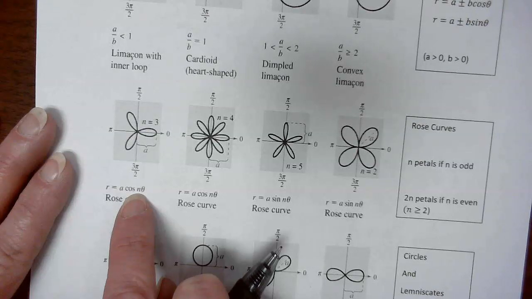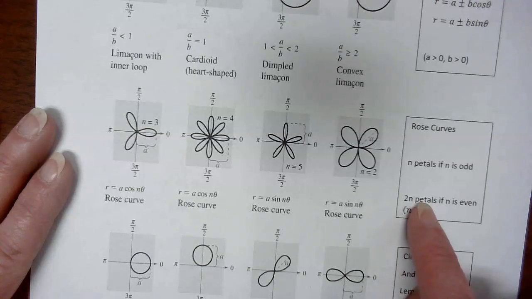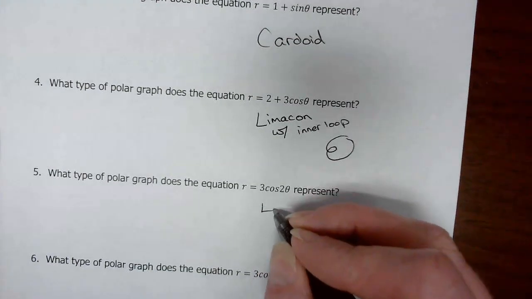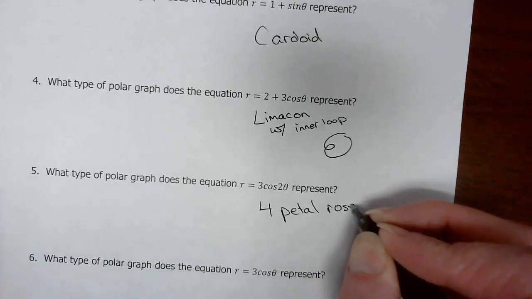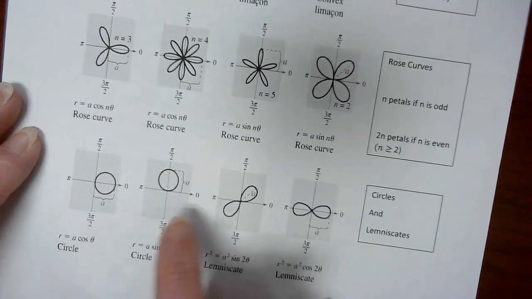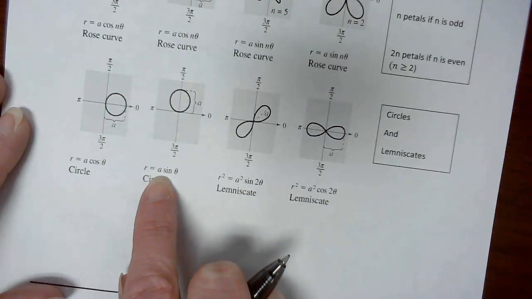So the n here is 2. When that is even, we're going to get twice as many petals. So we're going to get 4 petals. So it's a 4 petal rose. 3 sine theta. So 3 sine theta would just be this. That would just be a circle.